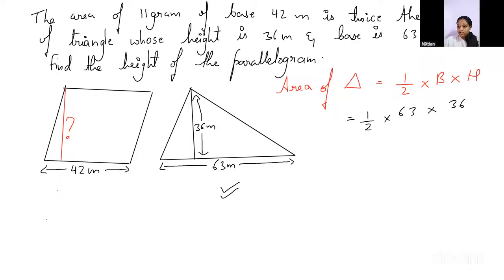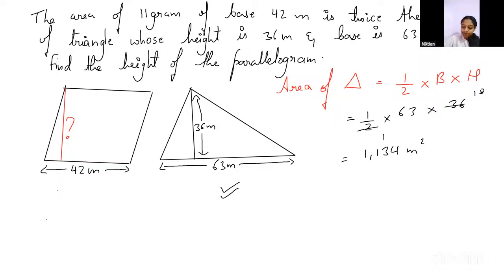Okay, we can cancel. Multiply 63 and 18. You will get 1,134 meter square.